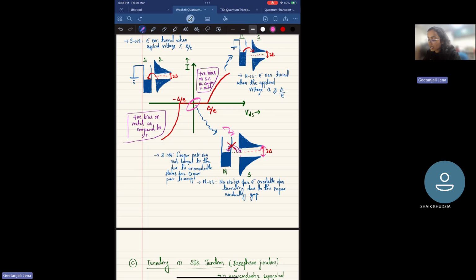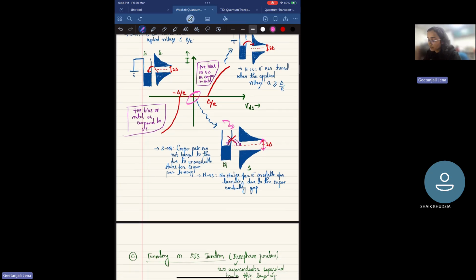When you move from the normal metal side to the superconducting side, in the normal metal electrons are in single particle states where a single electron is allowed to occupy. But on the right side we have a superconductor where there is a superconducting gap, so there is no single particle state inside this gap, and only the Cooper paired states are there inside it.